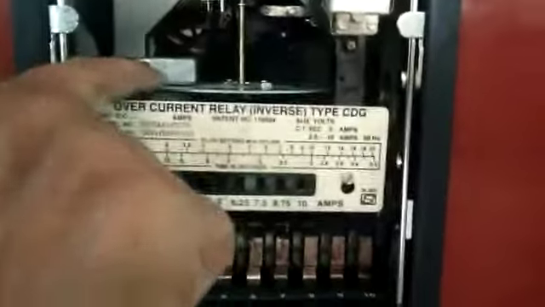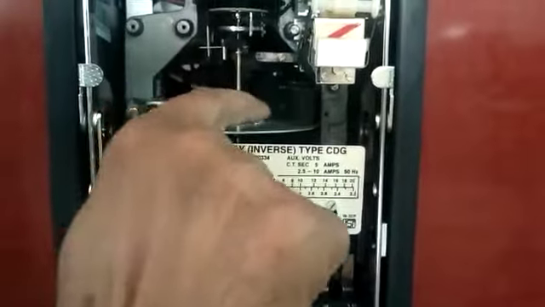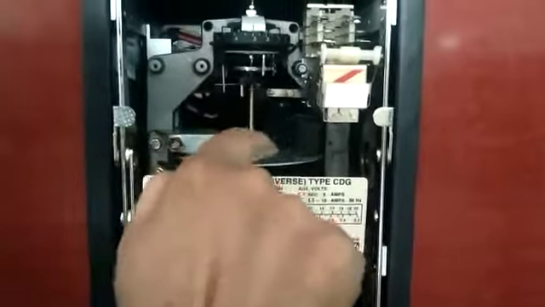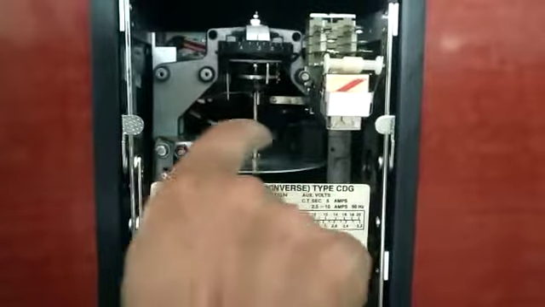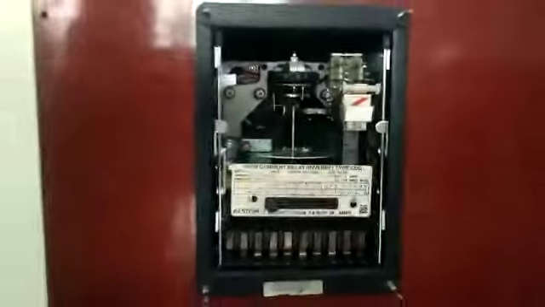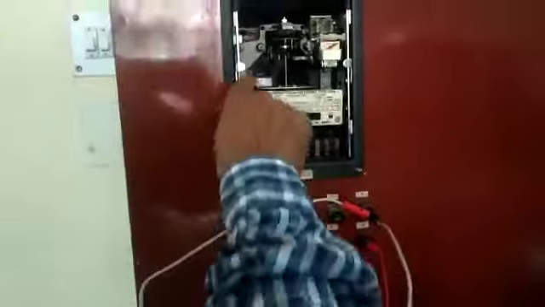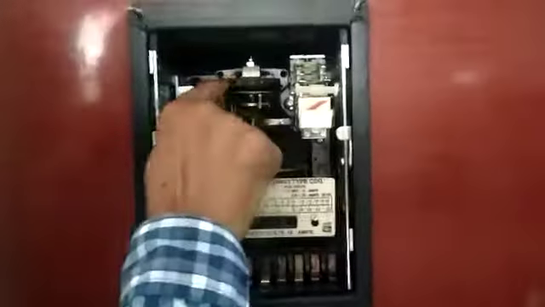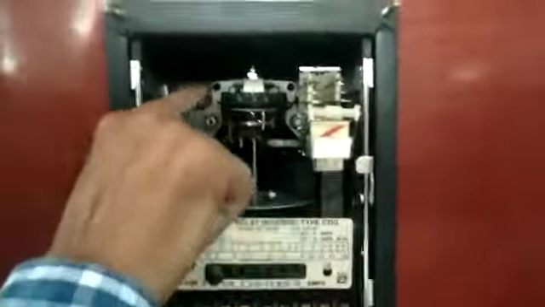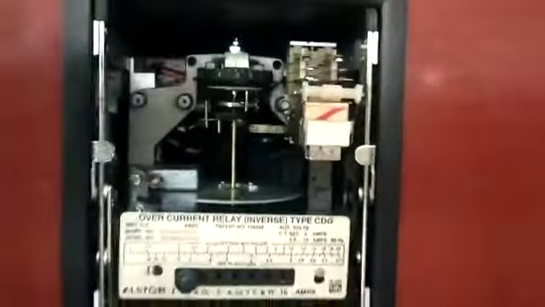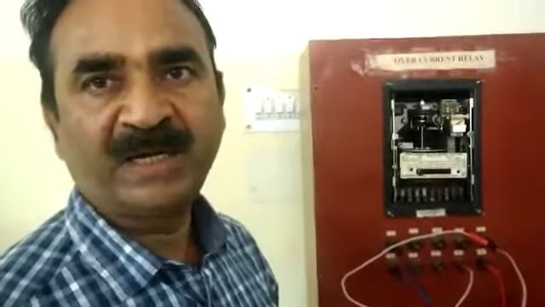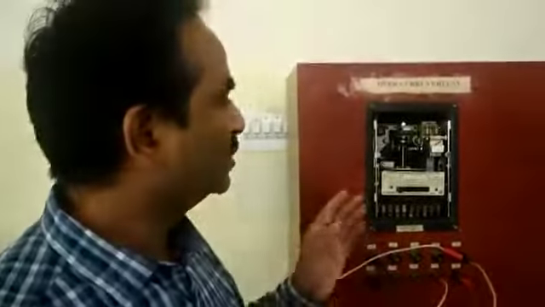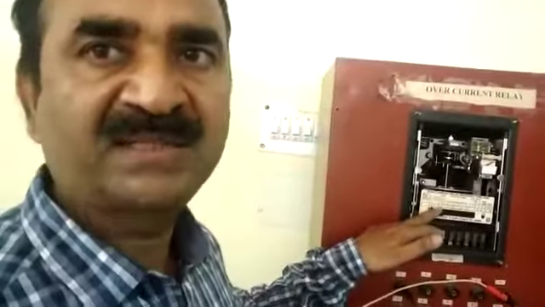This is the rotating disc, which can rotate and again return to origin position. So here this is a time setting multiplier. So two main terms are there: TMS, time setting multiplier, and PSM, plug setting multiplier.